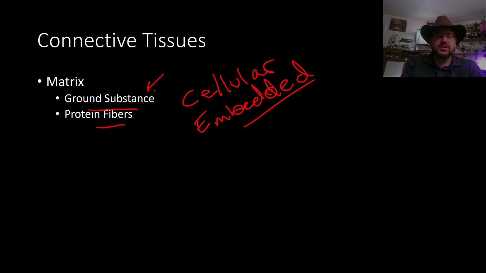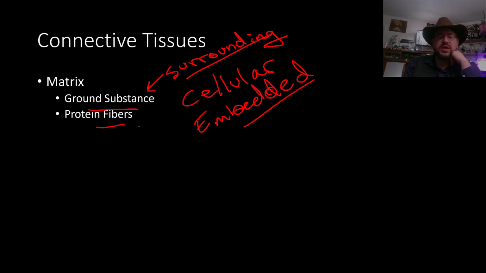So ground substance is a general term. You can have fluidic ground substances, you can have ground substances that are jelly-like, and you can have solid ground substances. This is just sort of the stuff surrounding all those cells. Whereas with the protein fibers, these are specific different types of fibers, and depending on how many of what type you have, you change the properties of the connective tissue.